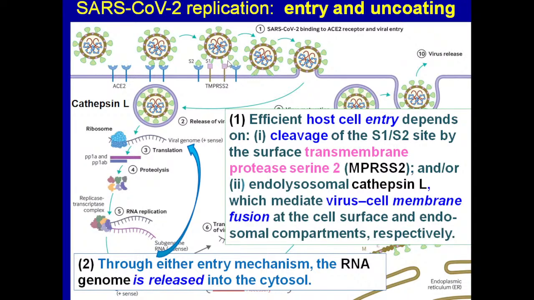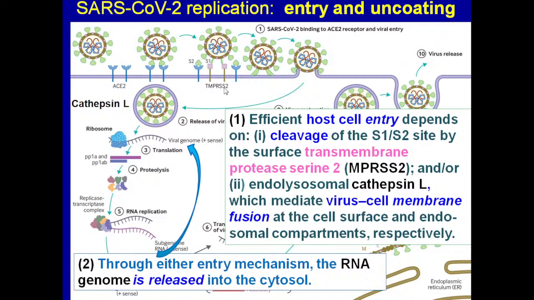You can see this cleavage here. It is also efficient when we have endolysosomal cathepsin L, which mediates the virus cell membrane fusion at the cellular surface and endosomal compartment respectively.